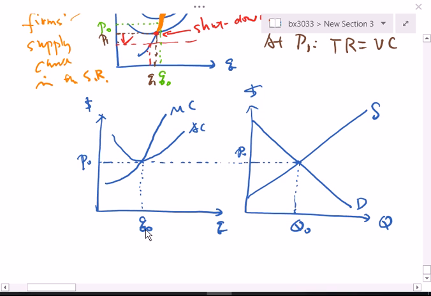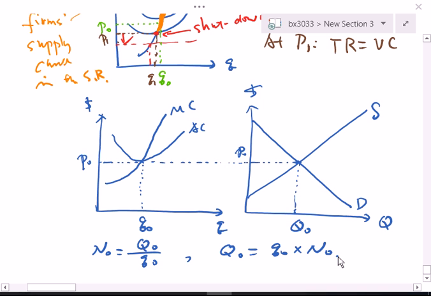this many, and the number of firms in the market is big Q0 divided by little q0. The market equilibrium output level is each firm's output multiplied by the number of firms in the industry.